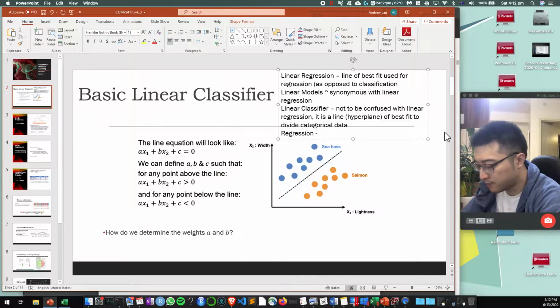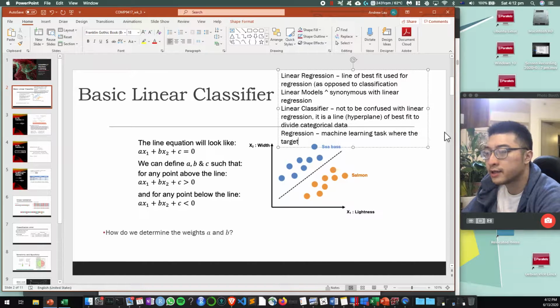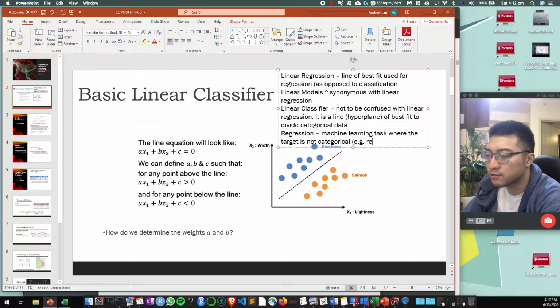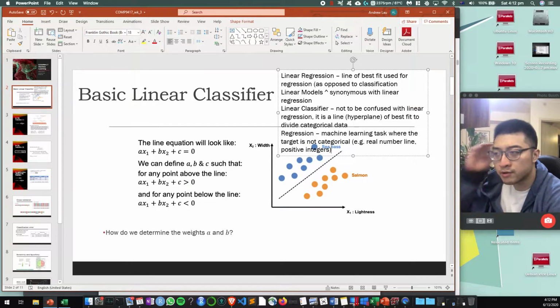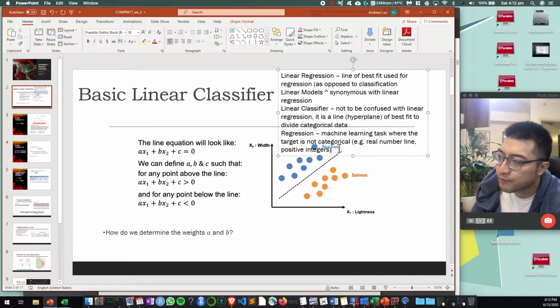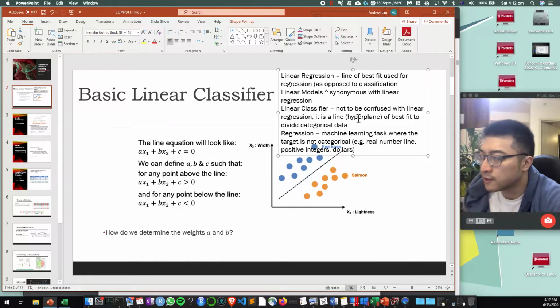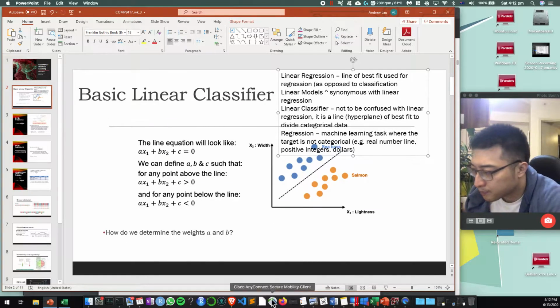Regression in general is, I suppose, a machine learning task where the target is not categorical, e.g., the real number line, maybe positive integers, dollars, etc. So not to be confused with those.